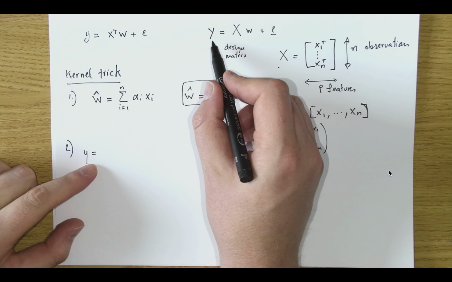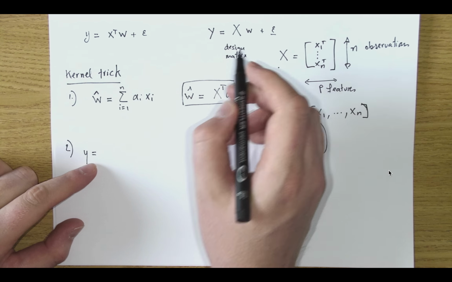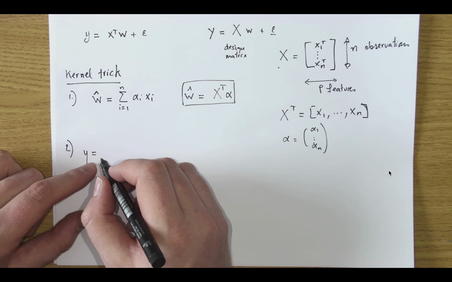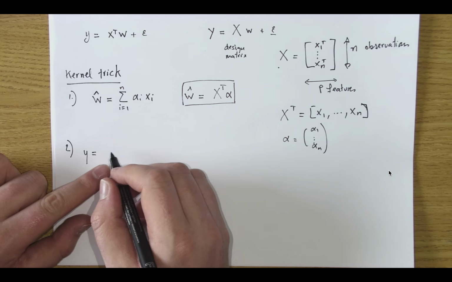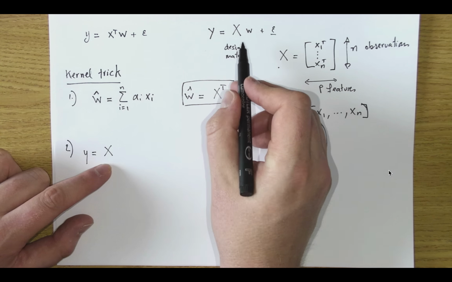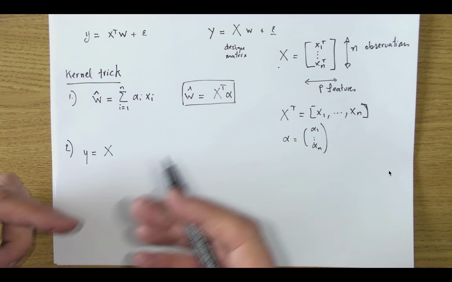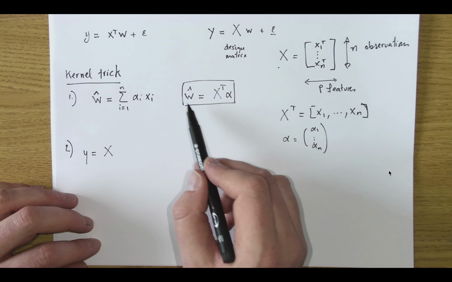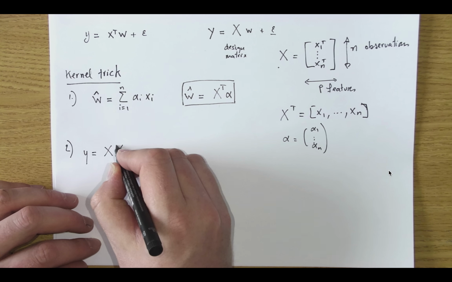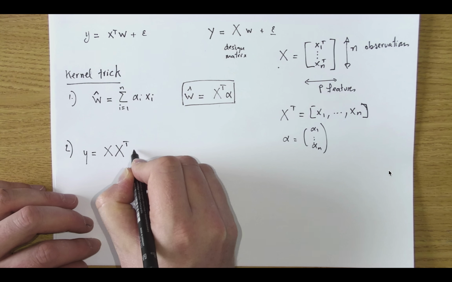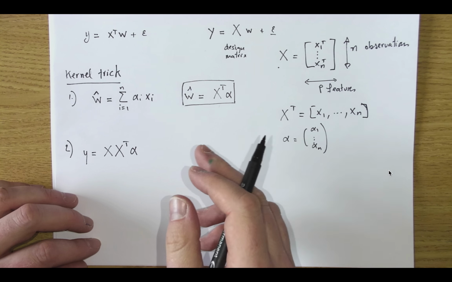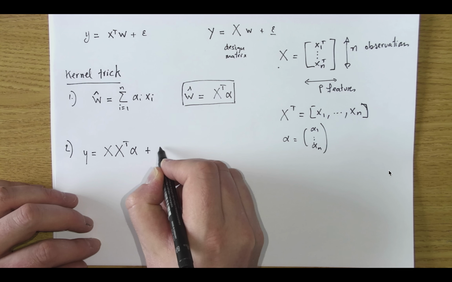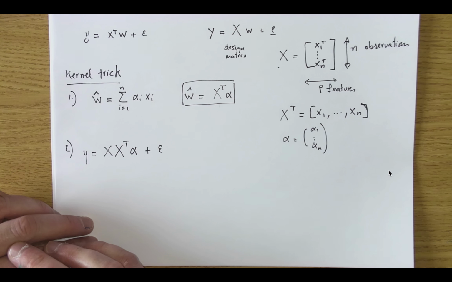Using the matrix form, the vector of all the outcomes y is X times w. Let's reparameterize w, because we know that it will end up in this form for the optimal version. We're just going to say it's X transpose times some alpha that we're trying to figure out, and we still have this noise term.